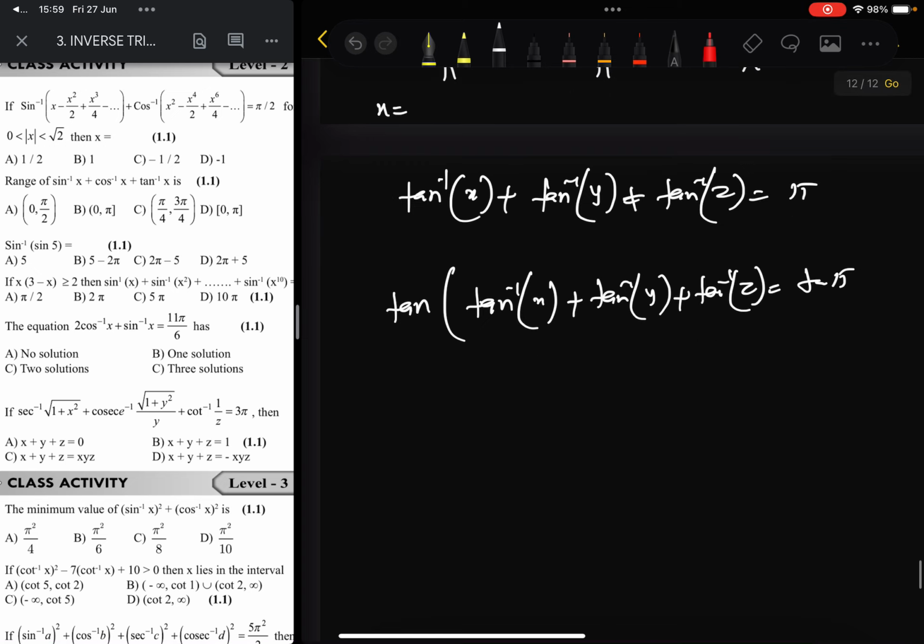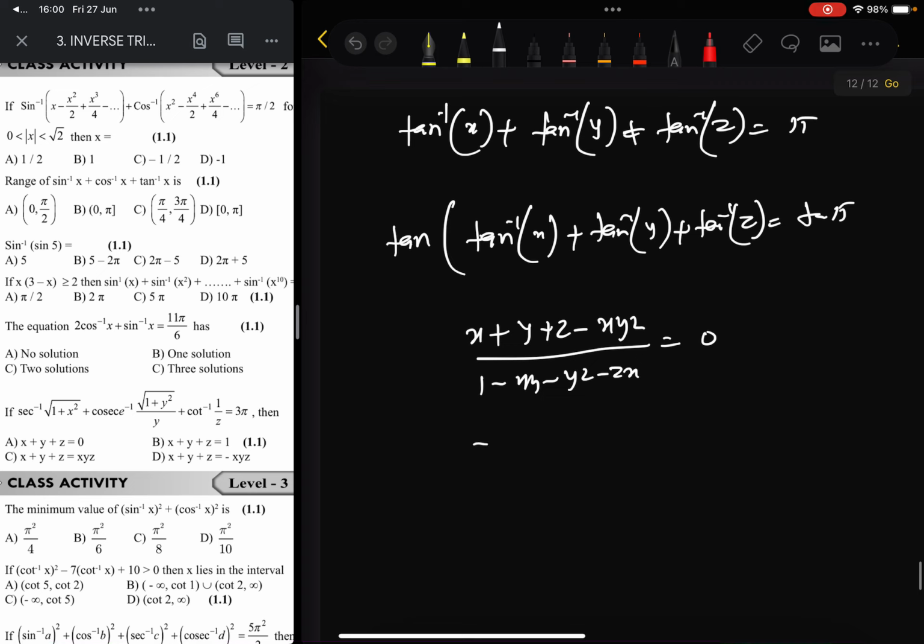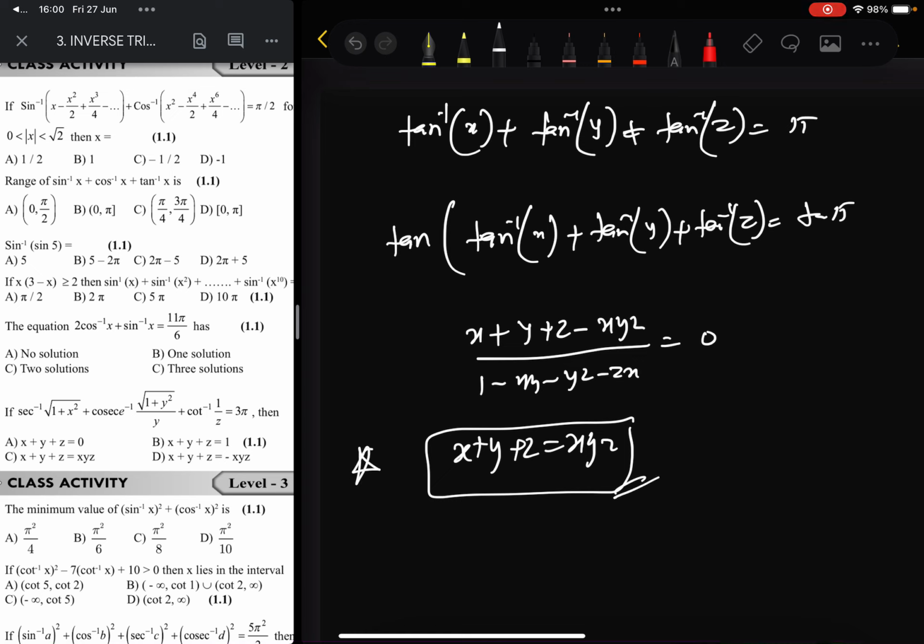Tan pi is 0. So as we discussed in the class, using the formula, x plus y plus z minus xyz upon 1 minus xy minus yz minus zx equals 0. So you will get x plus y plus z equals xyz. This also you have to memorize. If you memorize this, it will be very easy.